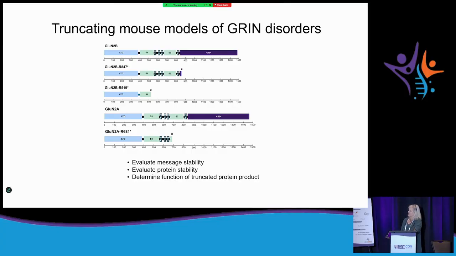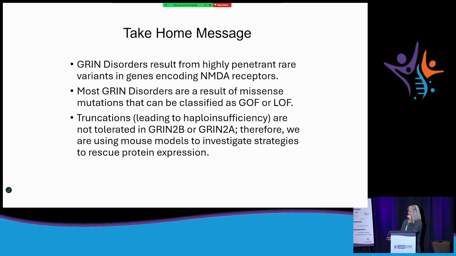Oh, and this I put in as a reminder to myself and to you that we also have made a mouse model with 2A, and I believe it's 681. It's the same thing, the same mutation that theoretically could have the same approach. We picked it based on multiple ClinVar hits. If there's anyone here I should talk to, see if anyone knows any of the families of those affected individuals.